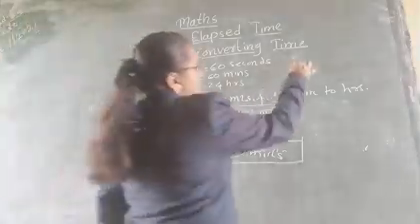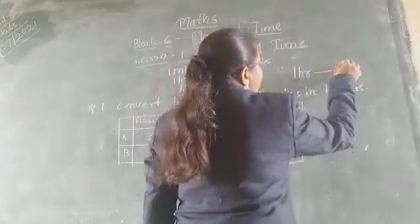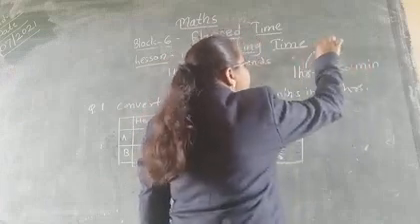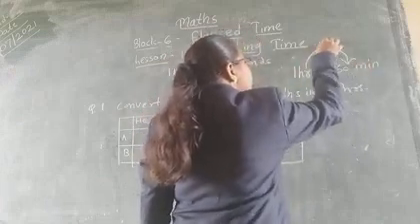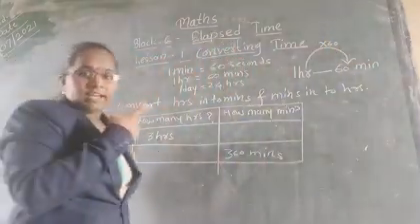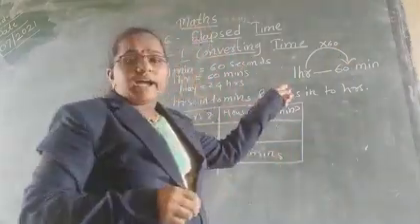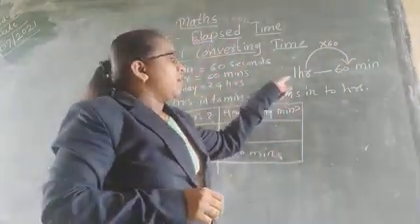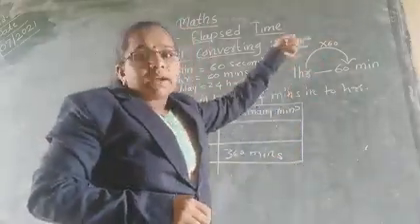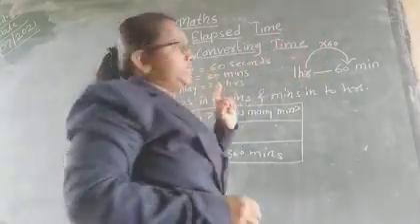Listen carefully and write this in your notebook. At the time of conversion of hours into minutes, we multiply the given hours by 60.